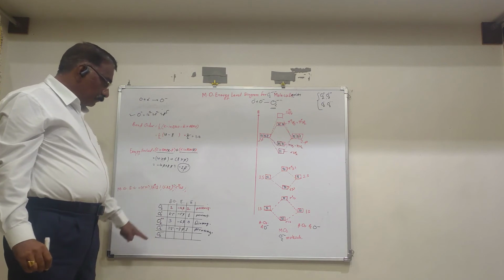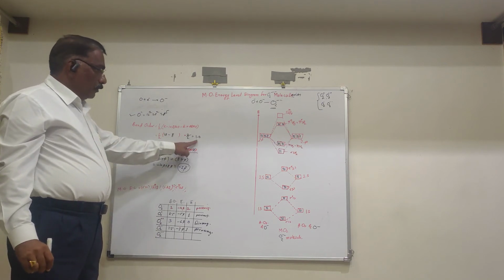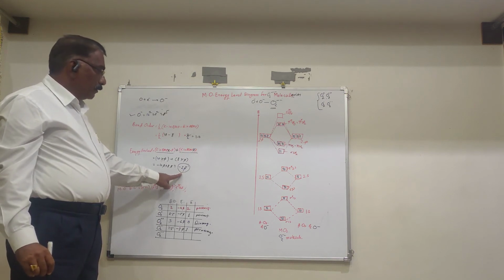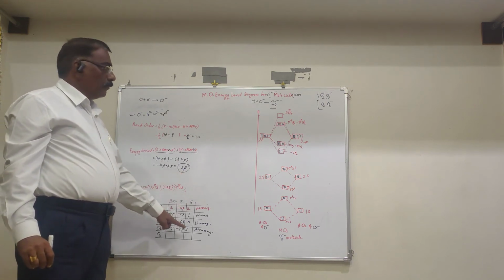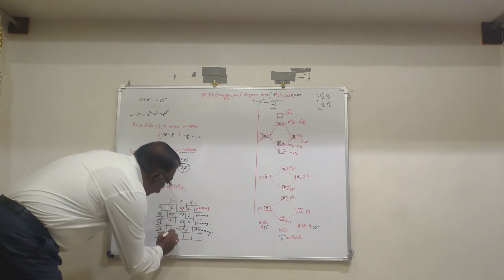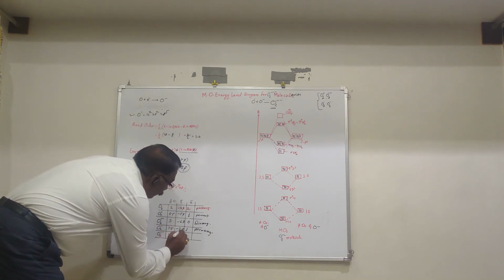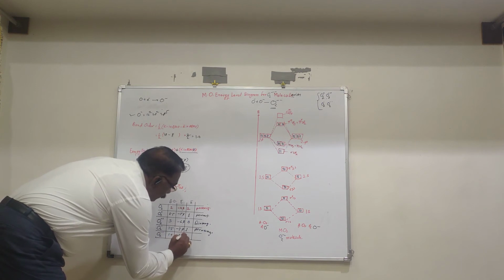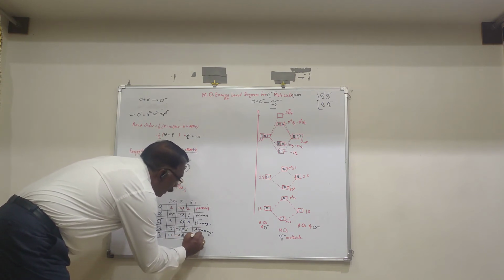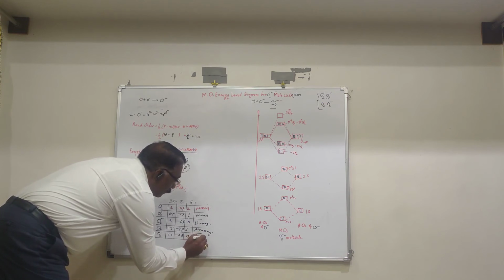See, when we consider bond order is here 1, energy evolved is minus twice beta, number of unpaired electrons is 0, so it is diamagnetic.